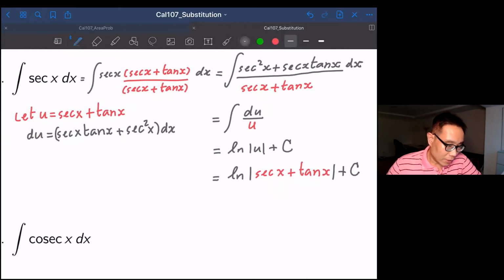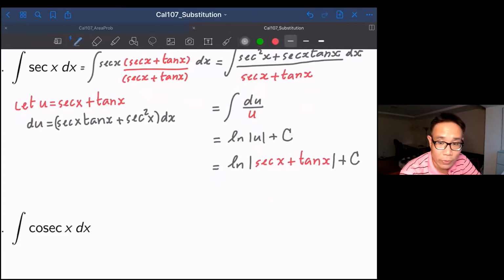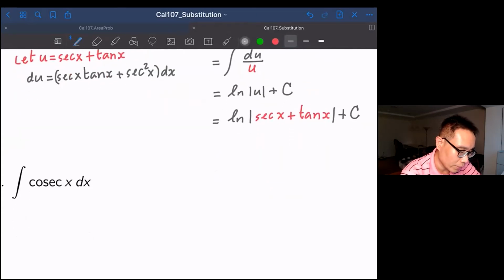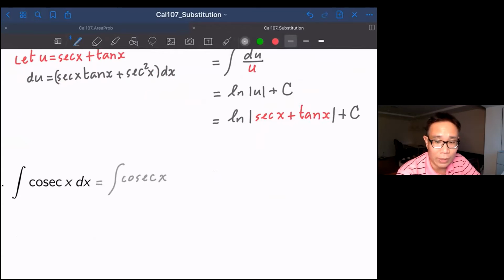The next one is similar to the previous one, but this time it's cosec instead. When you have cosec, we're not going to multiply by sec plus tan, because cosec does not involve sec and tan. Cosec involves cosec and cot instead.